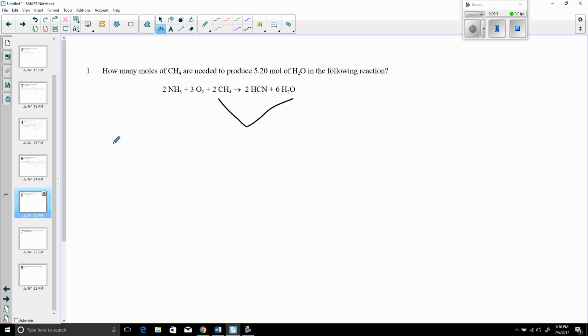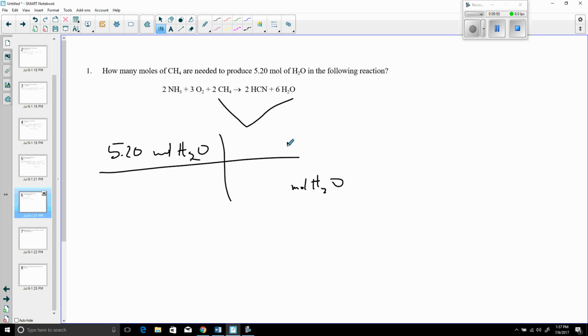So we're going to start with what is given, 5.20 moles of water. And we want to have that much water, so how much of this is needed is essentially what we're asking. So if we started with the moles of water, we're going to continue with moles of water down here so that it cancels, and we're going to go to moles of CH4.